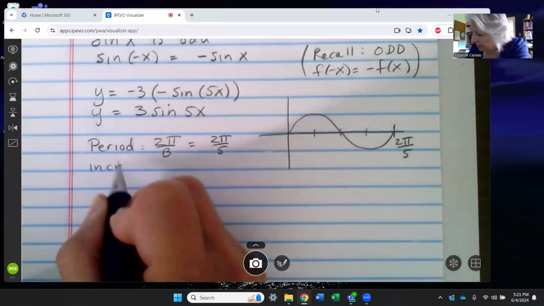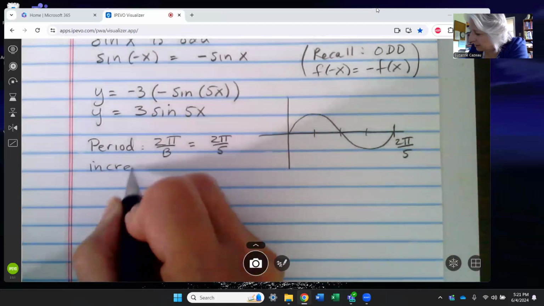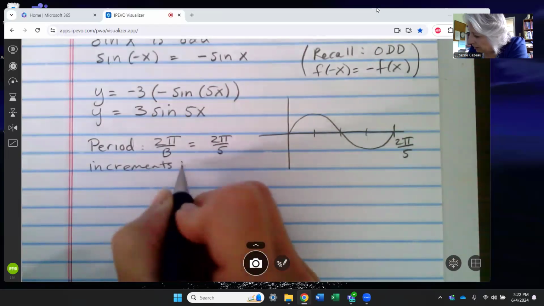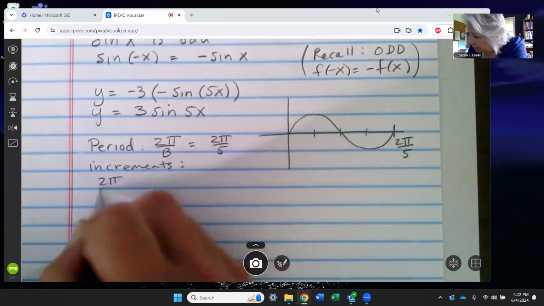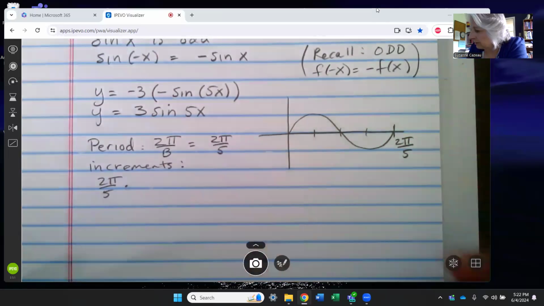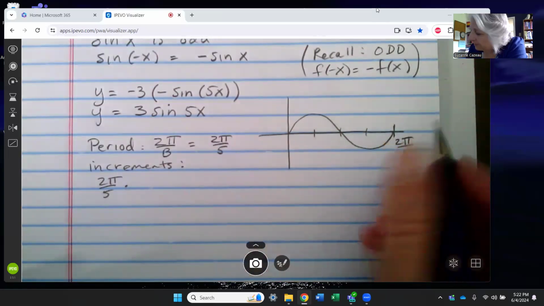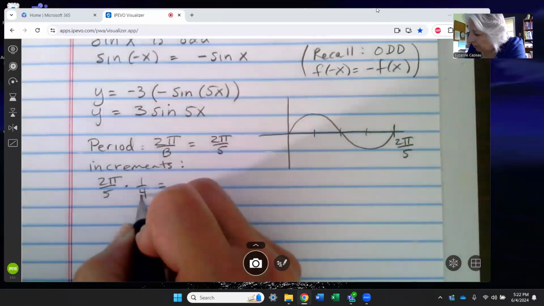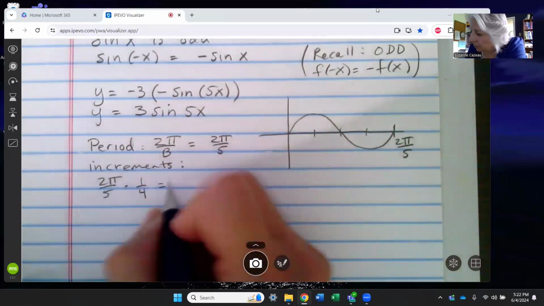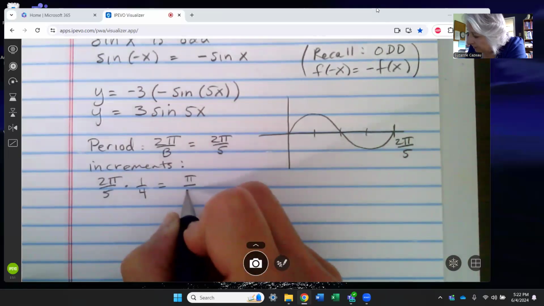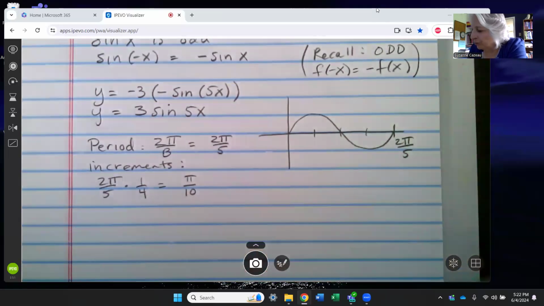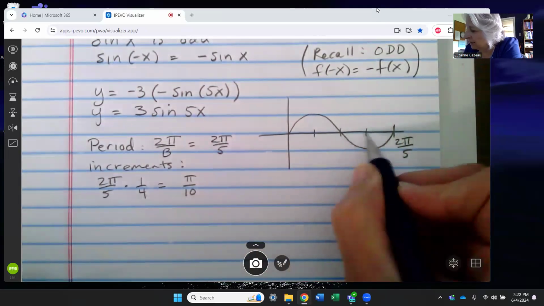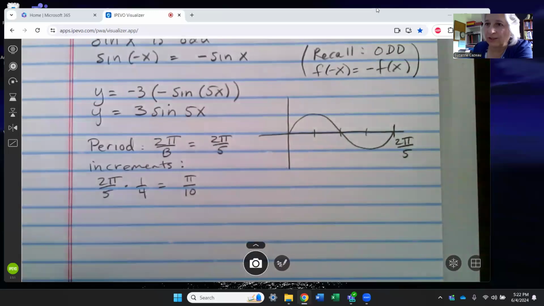Sometimes you'll see me write increments. We're going to go 2 pi over 5 times a fourth. And you can reduce the 2/4 to 1/2. So you're going to get pi over 10. If you want to go 2 pi over 20 and then reduce that, it's pi over 10. So that means each of these is worth pi over 10.